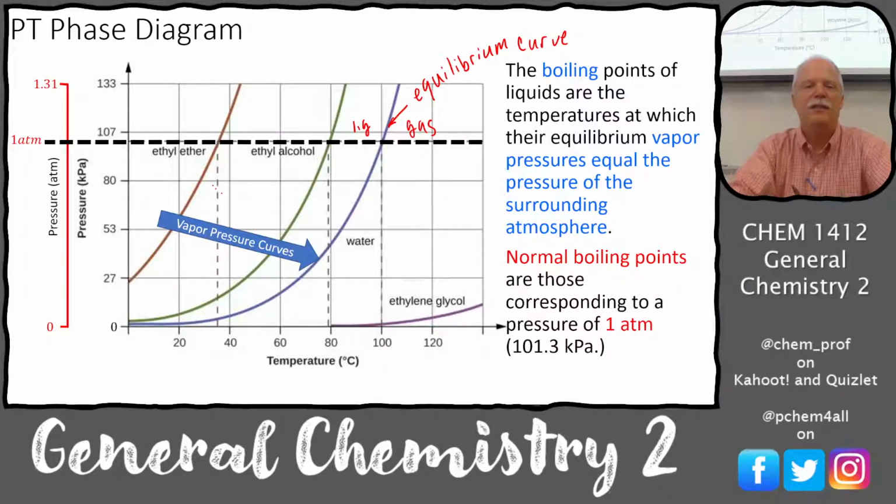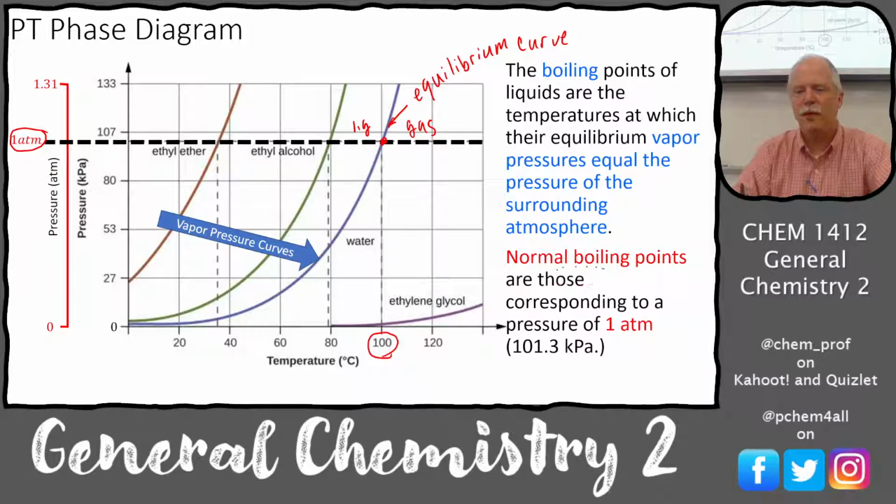Now, every substance has different amounts of intermolecular attractions, and so they have different boiling points, different vapor pressure curves. So this is ethanol, this is ethyl ether, this is ethylene glycol, which is your antifreeze that you have in your automobile. Notice right here, 100 C, that's the boiling point of water. And so this vapor pressure curve, when it reaches 1 atmosphere, that's the definition of the normal boiling point.